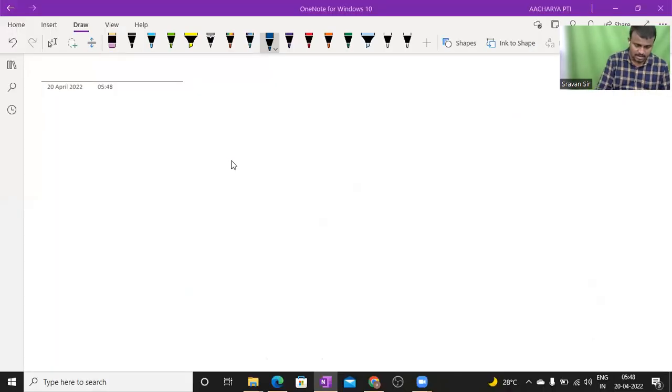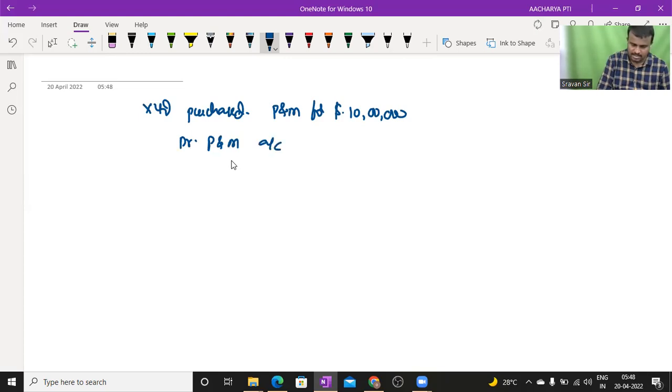For example, X Limited purchased plant and machinery for 10 lakh dollars. When the asset is purchased, they write the entry: debit plant and machinery account, credit bank account, 10 lakhs.